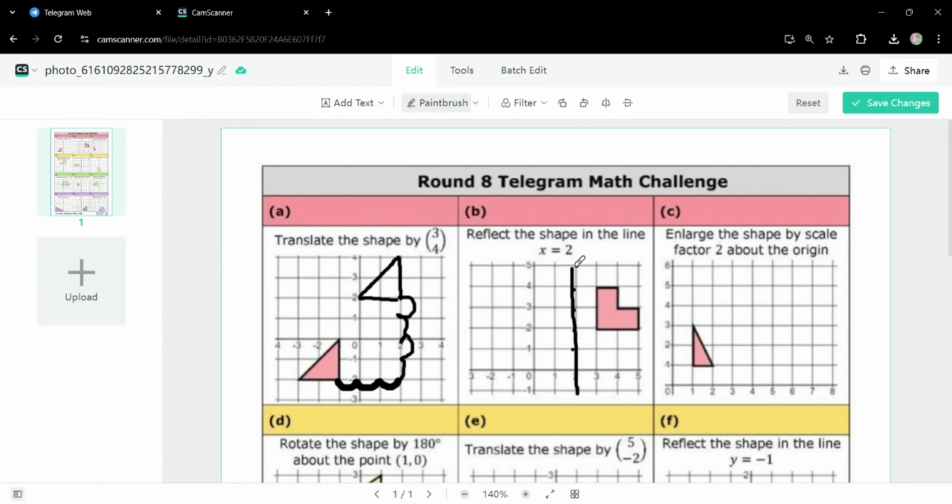Now you just need to flip the image over, so the object, which is the current one over there, we have to flip it over to the opposite side to form the image, which is the one we're currently trying to find. We can also reflect using the reflection line over here. You can see it's 1 unit to the reflection line.